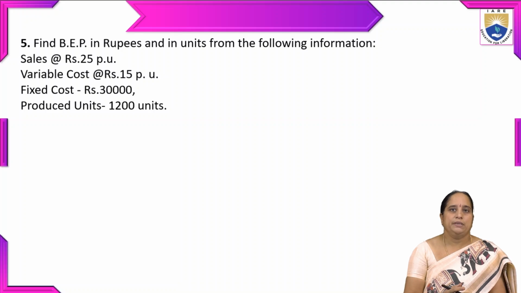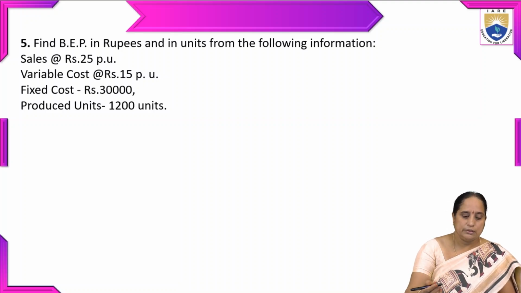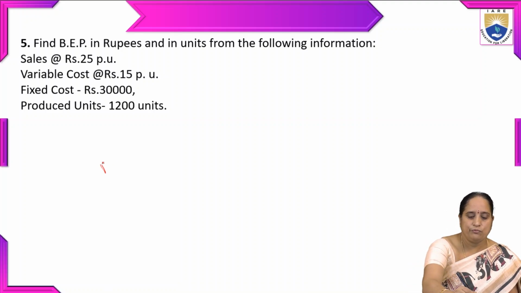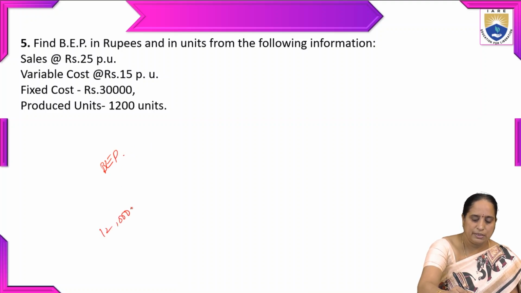Then find BEP in rupees and in units from the following information. We have been given sales, selling price per unit, variable cost, fixed cost and produced units. In this case also we have to find out BEP in rupees. See, in rupees means contribution multiplied with number of units, right?